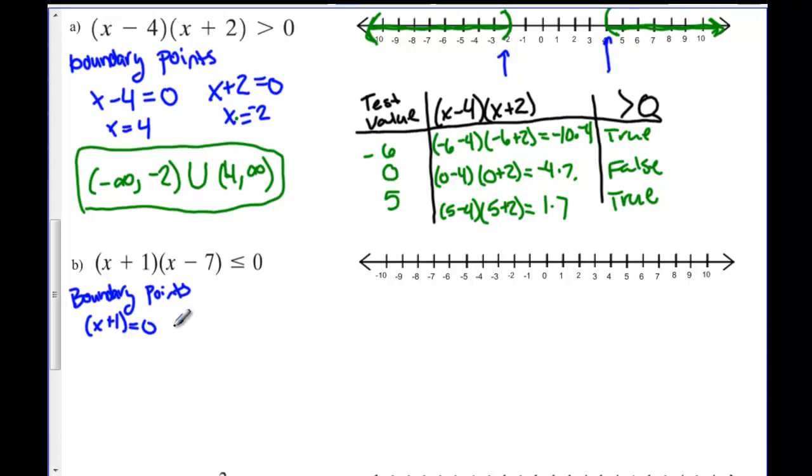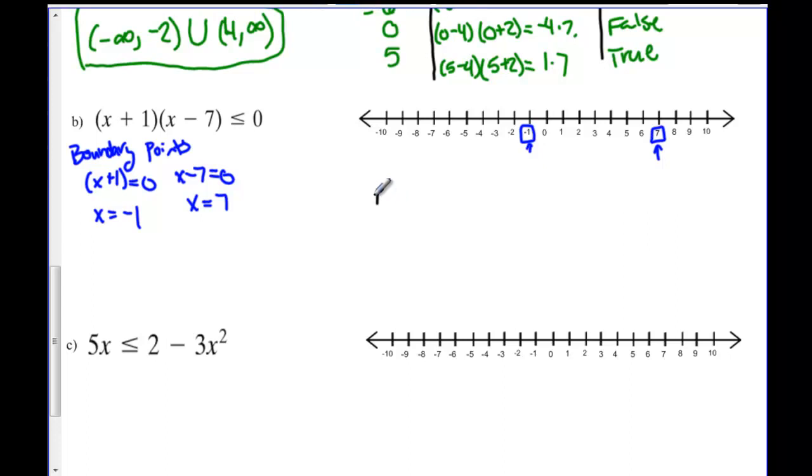So this one is going to get x equals negative 1, and x equals 7. So we've got a negative 1, so here's a test boundary. And x is 7. There's another boundary point.